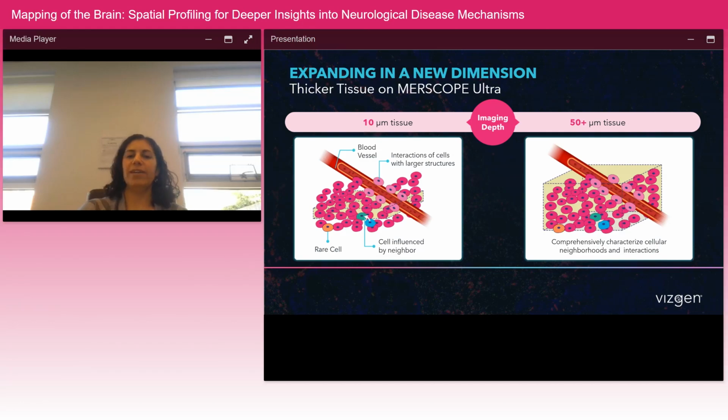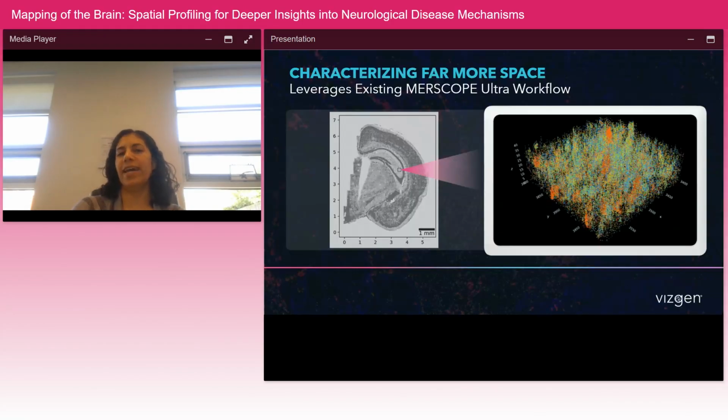So we are working on adapting the current MERSCOPE Ultra platform to be able to analyze tissues in X, Y, and Z and understand in 3 dimensions how cells are interacting and what neighborhoods look like, who they're interacting with, and so on. We will be showing a preview of that at the Human Cell Atlasing meeting that's coming up this weekend.